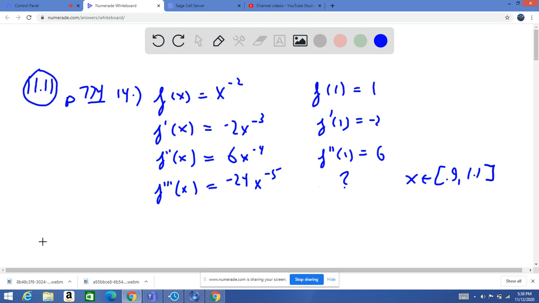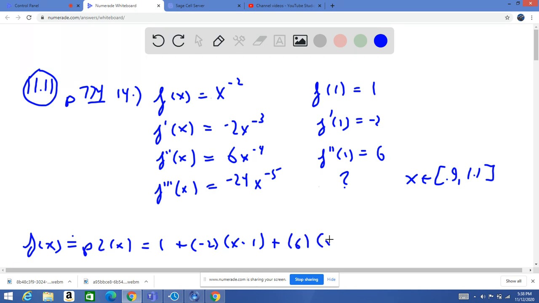So what is my P2? Come on, pen. All right, so f of x is approximated by P2, which is f of 1, which is 1, plus f prime at 1, which is negative 2, times x minus a, which is 1, to the 1 over 1 factorial, plus f double prime, which is 6, times x minus 1 squared over 2 factorial, which is 2.